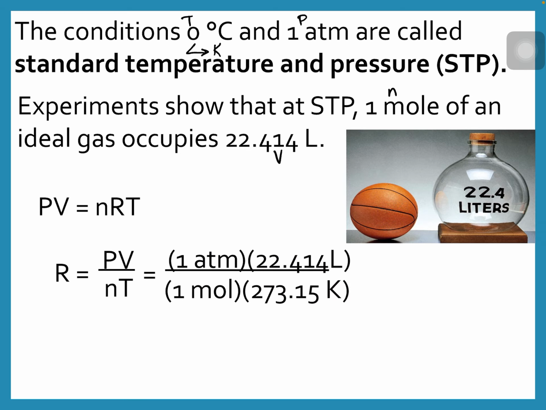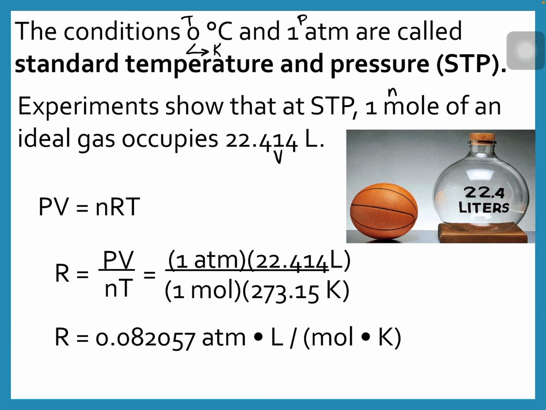So pressure here is 1 atmosphere, volume is 22.414 liters, so we just used 22.4 liters before, and 1 mole and 273.15 Kelvin. So one version of the gas constant is 0.082057 atmosphere liters per mole Kelvin.